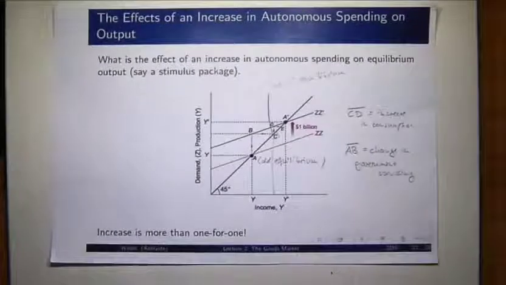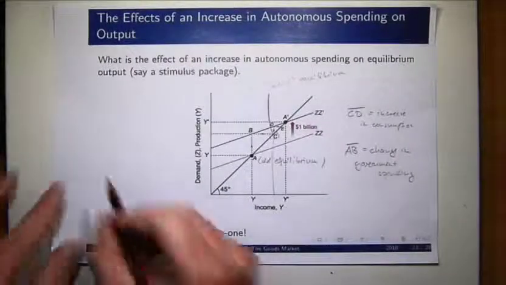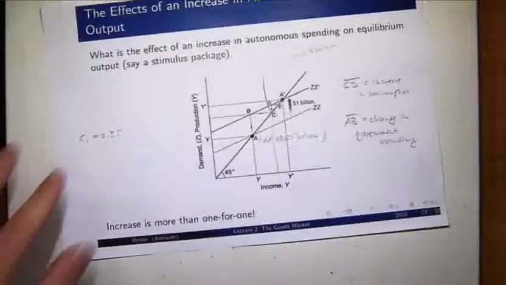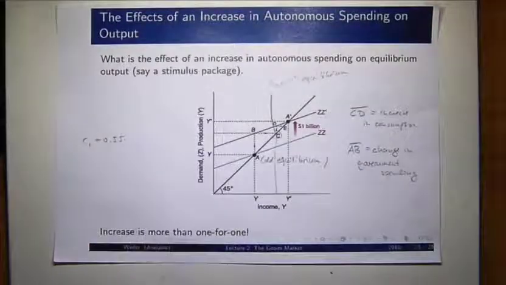Okay, so let's just jump back to here. I've assumed that this multiplier in my numerical example is 2.22, or C1 is 0.55.